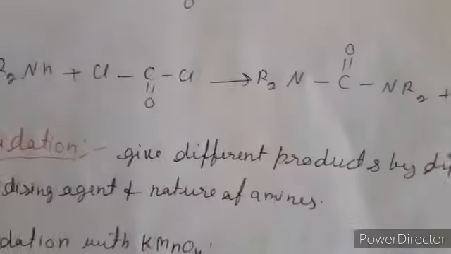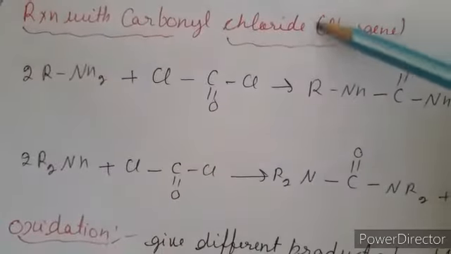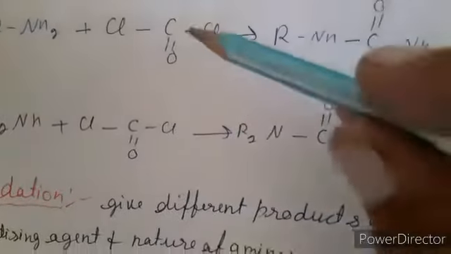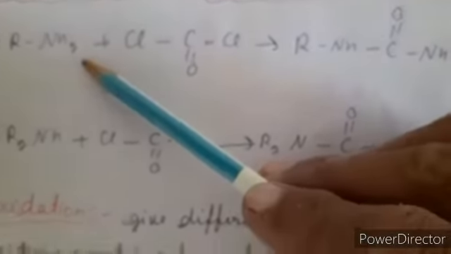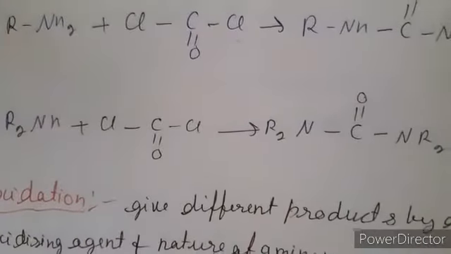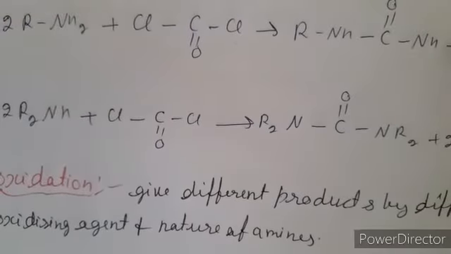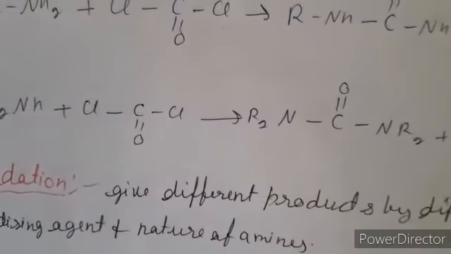Clear? Next is the reaction with carbonyl chloride or phosgene gas. The phosgene formula is COCl2. When phosgene reacts with two molecules of primary amine, it forms a symmetrical disubstituted urea product, because if we attach two hydrogen atoms to nitrogen it is urea, but here it is alkyl disubstituted urea.